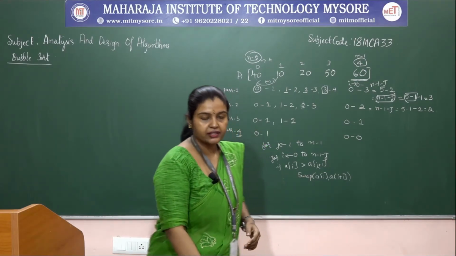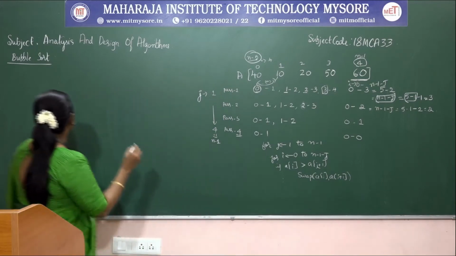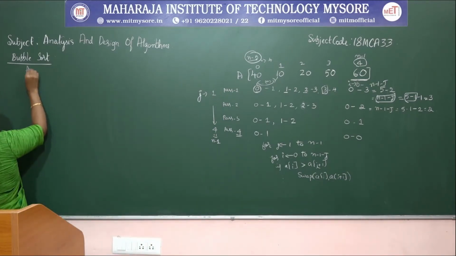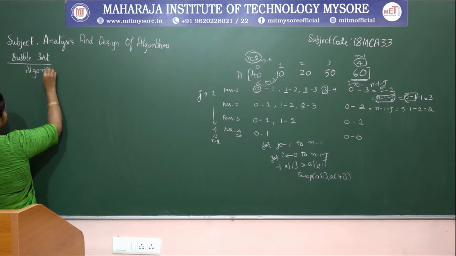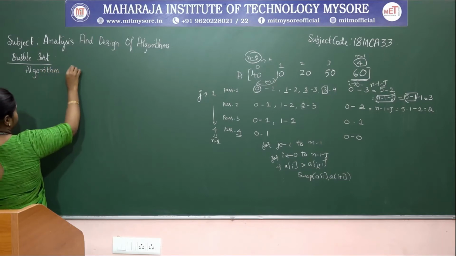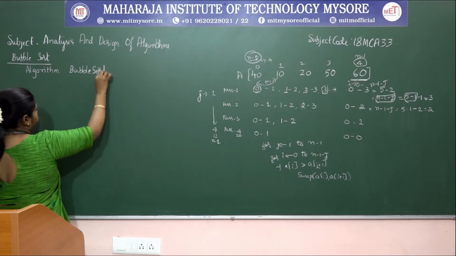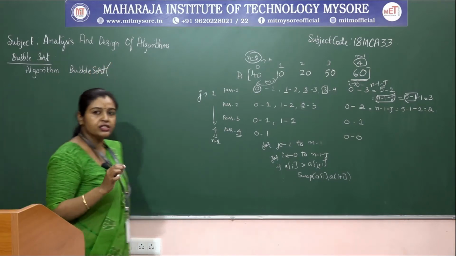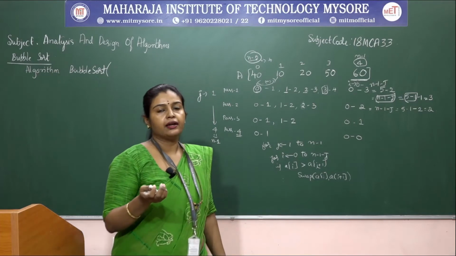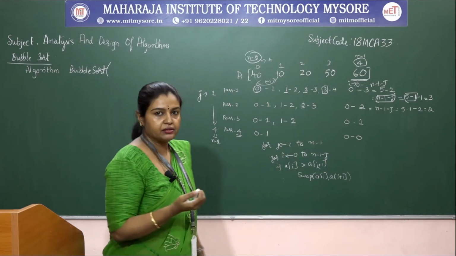Okay. So let us write the algorithm for this. Algorithm. Okay. So what are all the inputs for this algorithm? Obviously an array containing n elements, right?